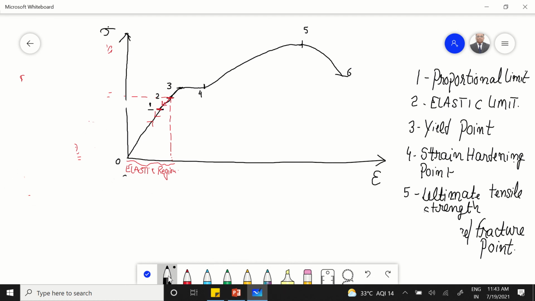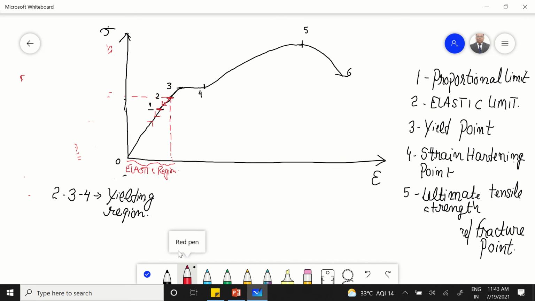Okay. So from point 2 to 3, we actually go to a region. Actually, it is not 2 to 3, it is actually 2 to 4. This is a yielding region. We call this region the yielding region.